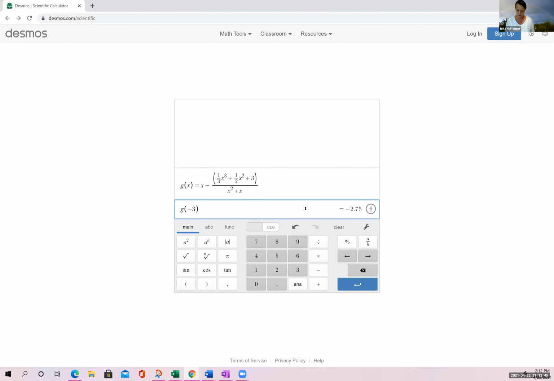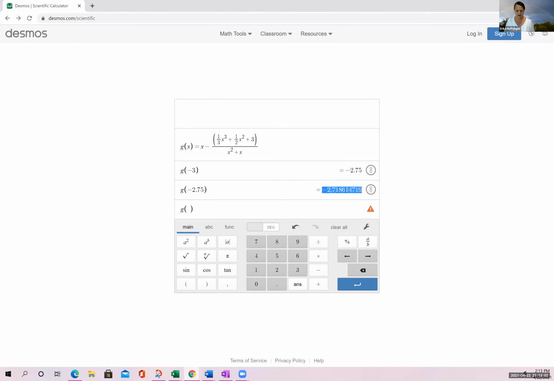So g of our answer is -2.71. So I guessed right. Well, not originally. If I plug in my next answer, I would get this. And now I'm exact.